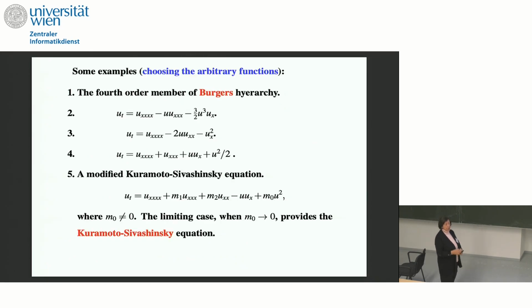Examples, by choosing those arbitrary functions, you have in this case the fourth order member of the Burgers hierarchy, and some other equations, these ones here. Here we have constants m1, m2, and m0. We call this the modified Kuramoto-Sivashinsky equation because m0 should be non-zero, but the limiting case will provide you the Kuramoto-Sivashinsky equation.